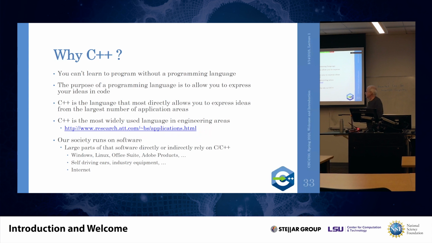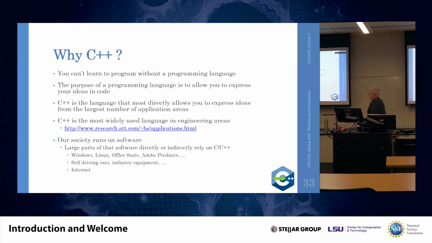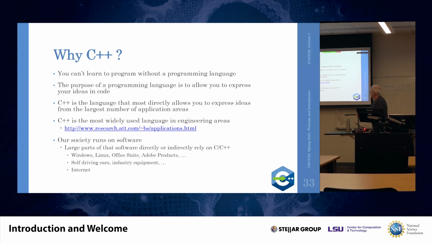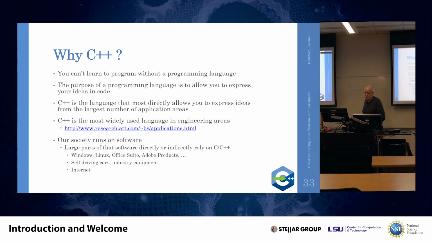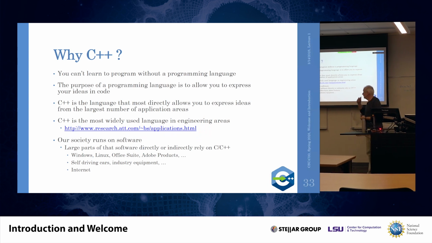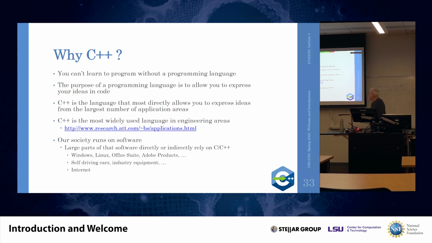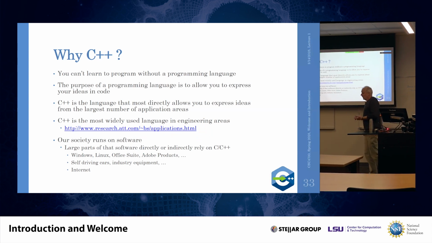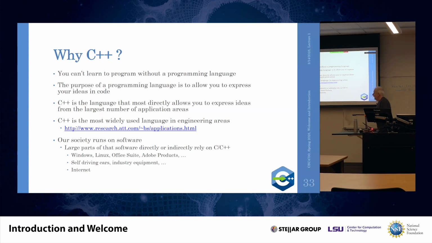So why C++? Well, first of all, you can't learn to program without a programming language, obviously. And C++ is just another good programming language we can use for that. C++ is a language that most directly allows you to talk to the hardware, on one hand.